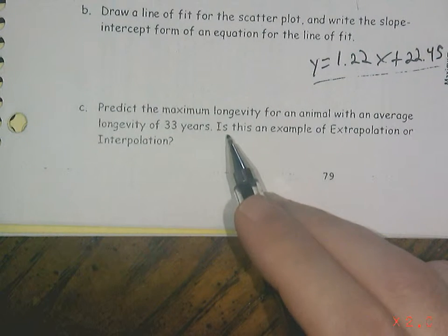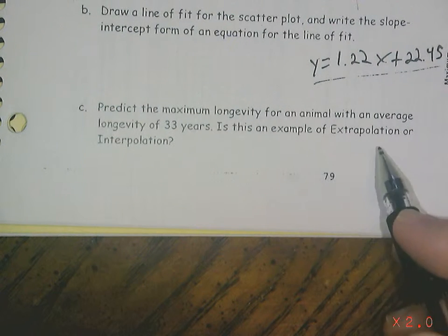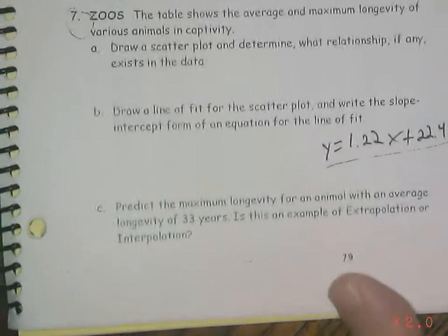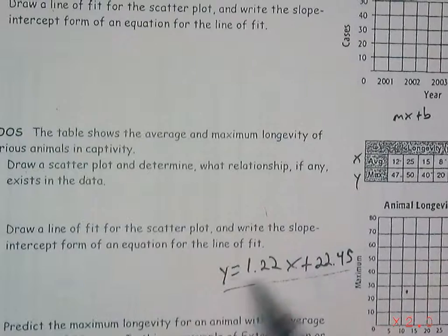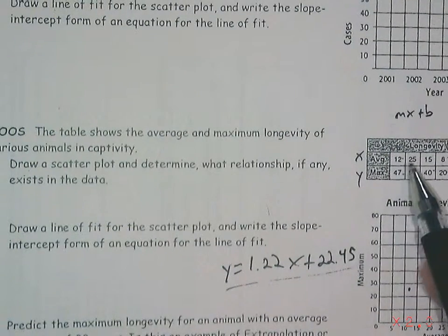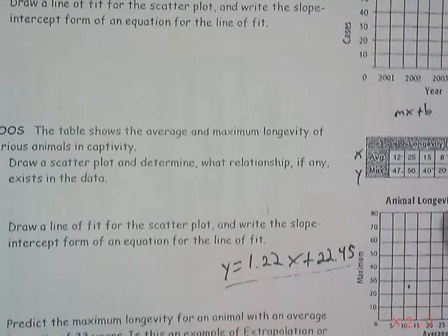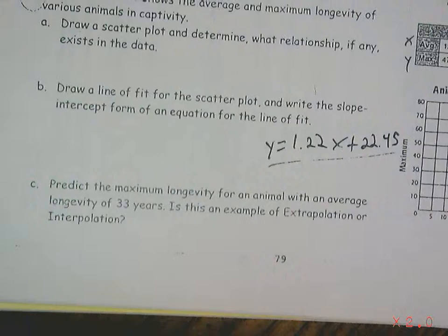Okay, in this example of extrapolation or whatever. Okay, so 33 years, so average age is the x values, right?